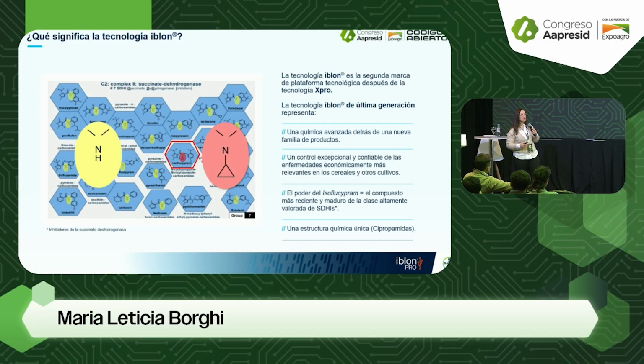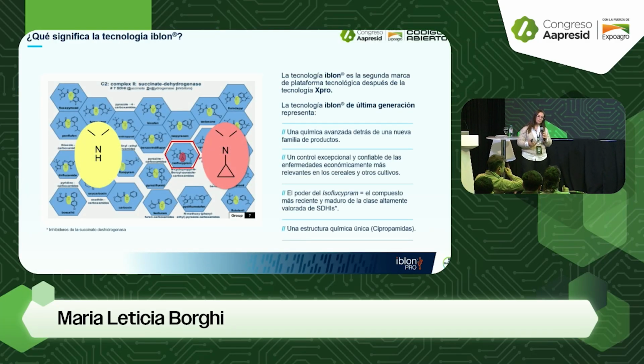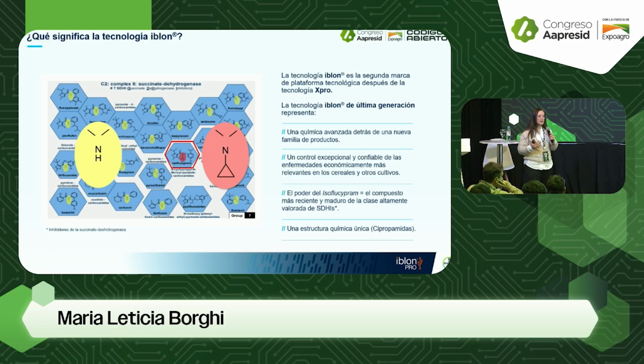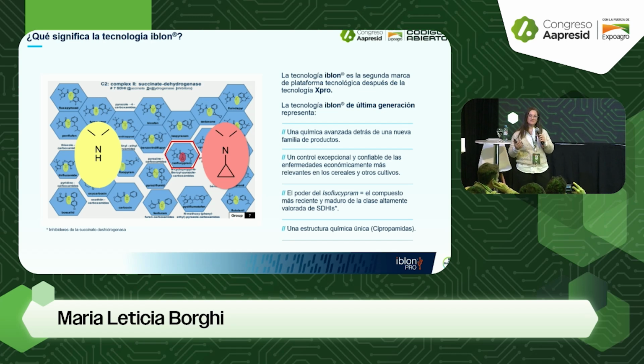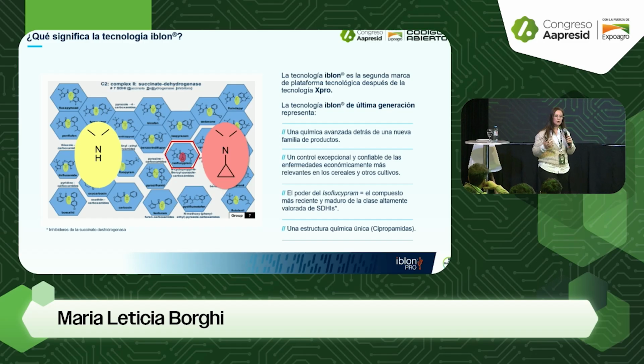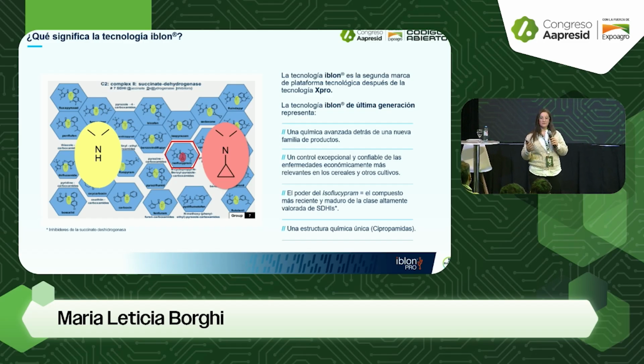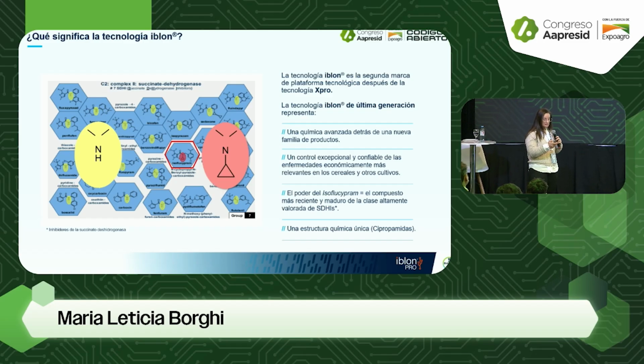Now I will explain what Iblon Pro is and why this molecule is so innovative, and why the incorporation of a single acid within Iblon Pro makes it so strong in disease control.